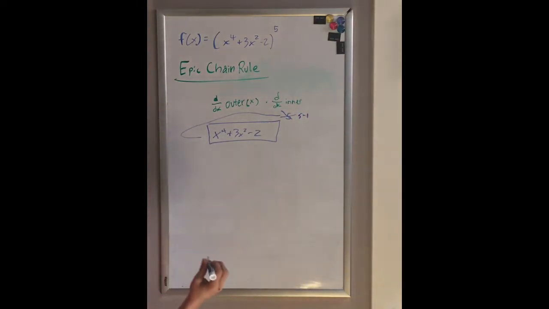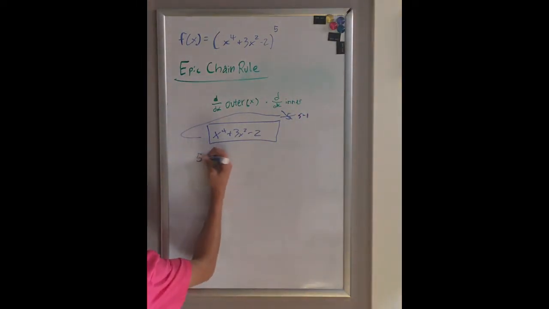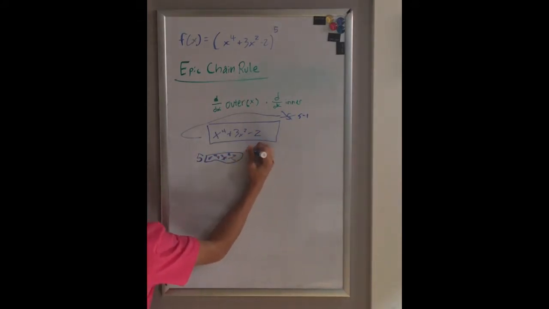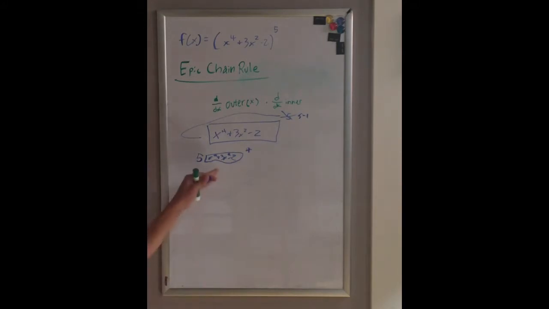So basically it's gonna end up like this. Boom, just took the derivative of the outside. But now there's still all that stuff on the inside.